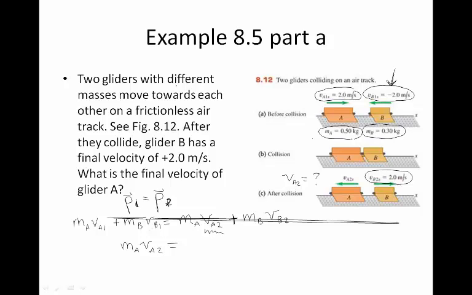Everything else will go on the right-hand side. And then if we divide by mass, then VA2 would be everything on the right-hand side divided by MA.